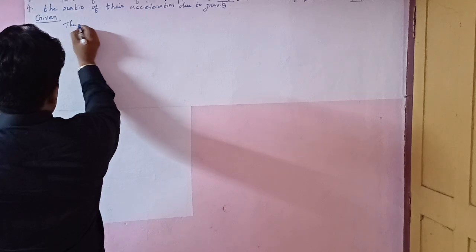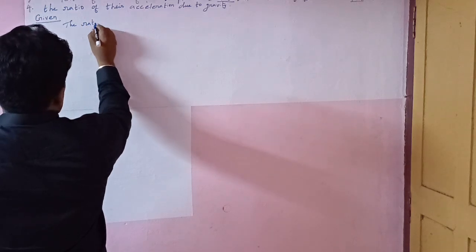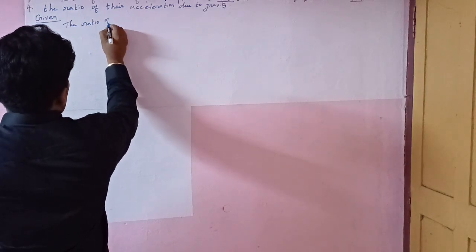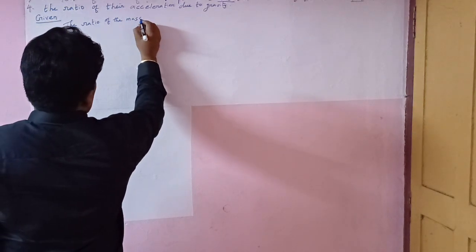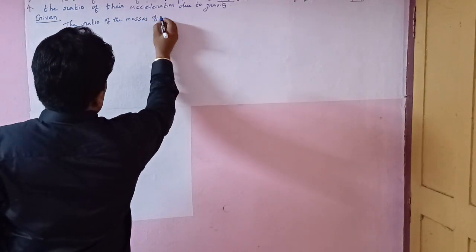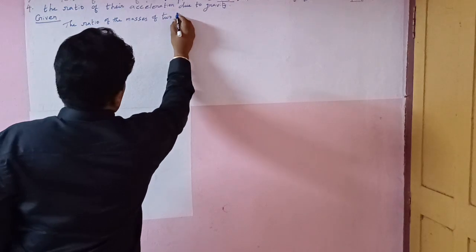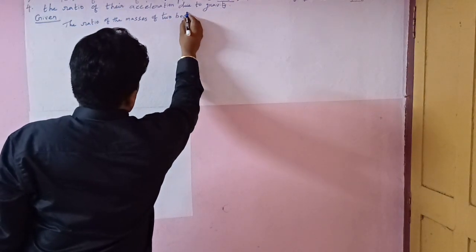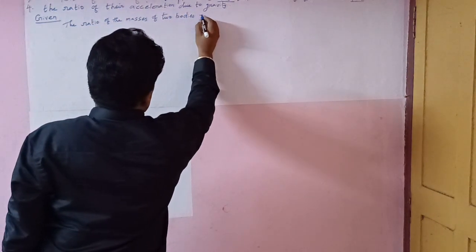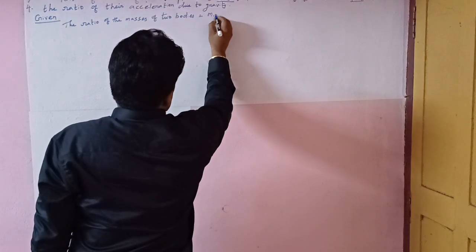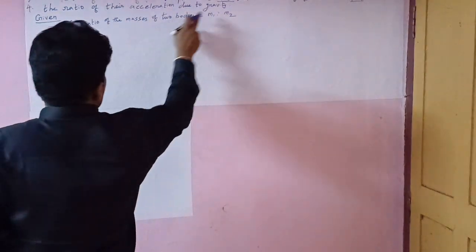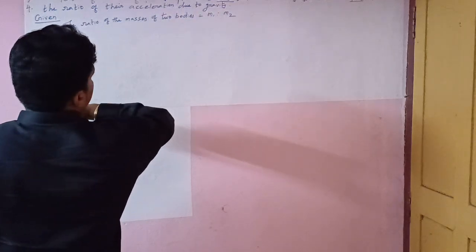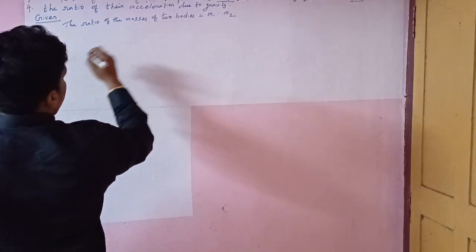The ratio of the masses of two bodies, m1 is to m2. Okay, so we have to write it down. Which is the smaller body? 2 is the smaller body.